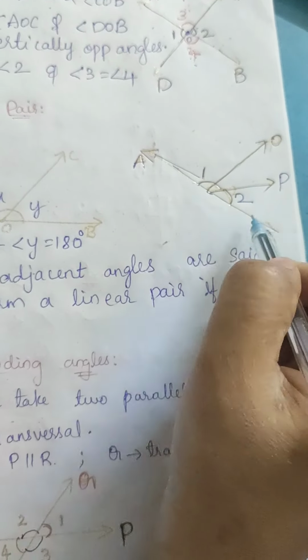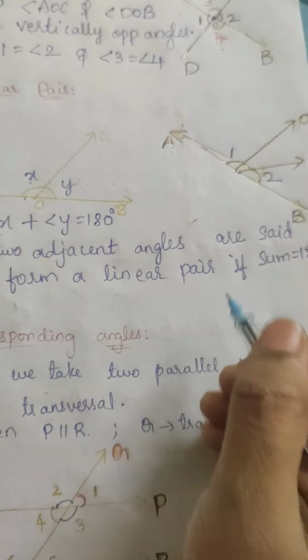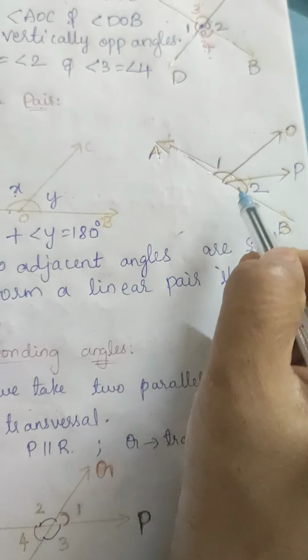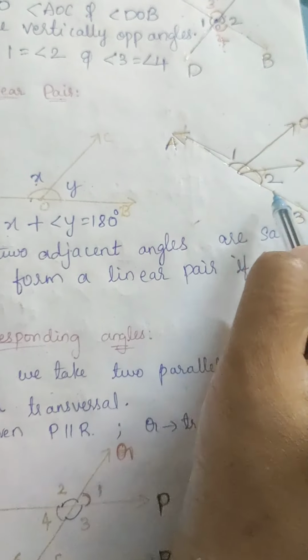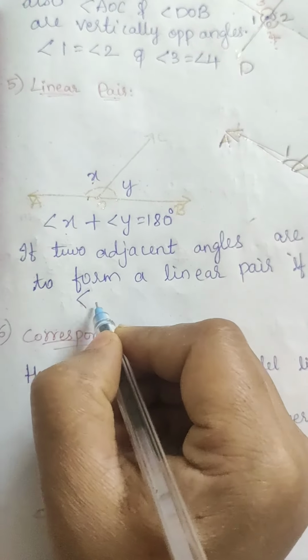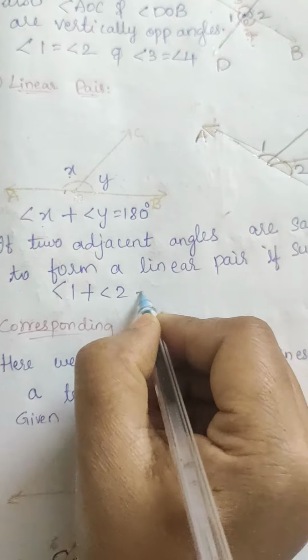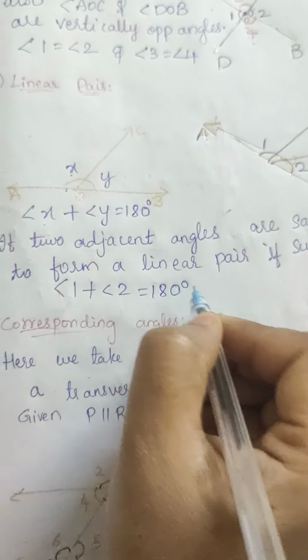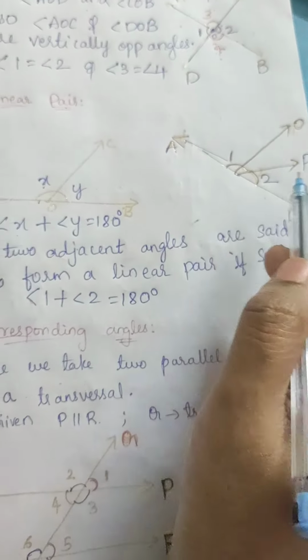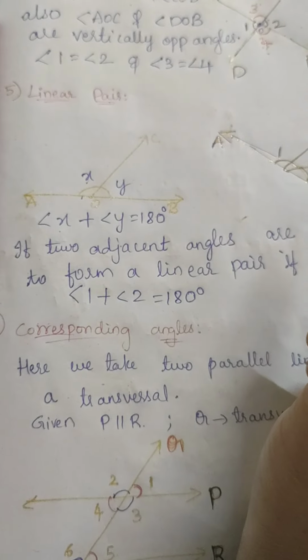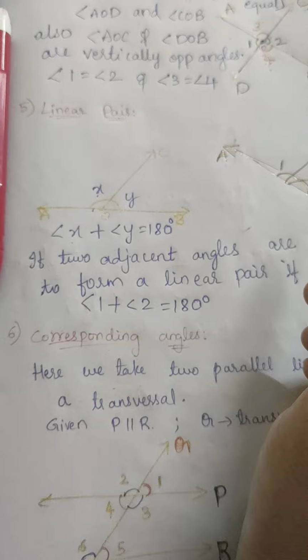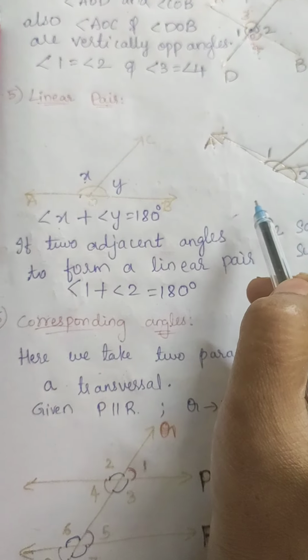These two are adjacent angles. Angle 1 plus angle 2 is equal to 180 degrees. This also forms the linear pair. If you remember, in supplementary angles their sum is also equal to 180 degrees.